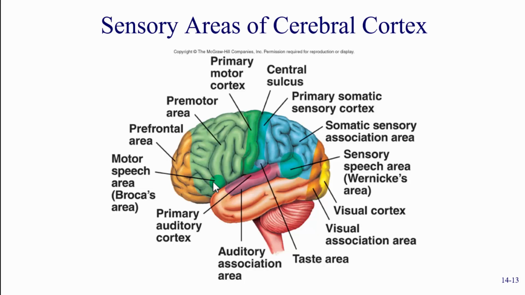Now Broca's area is for motor speech. It's found on the left side of the brain, so it's in the left hemisphere. Also in the left hemisphere is the sensory speech area, which is Wernicke's area. This is kind of the speech understanding area.